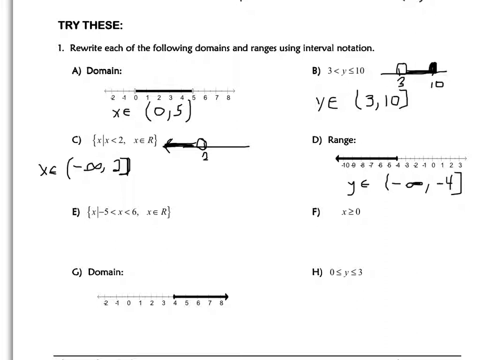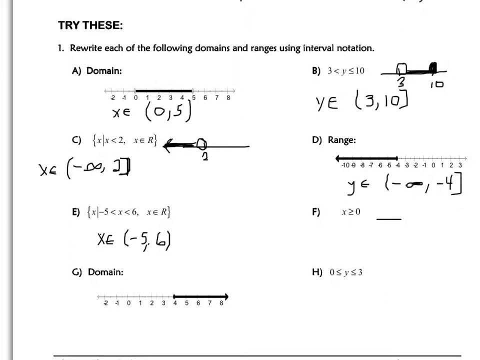And this one here, when written in this way, you can easily see that the left endpoint is negative 5, and it's not equal to negative 5, so that would be a round bracket, negative 5, comma, 6, and a round bracket there as well. And for f, it would be x is greater than or equal to 0.